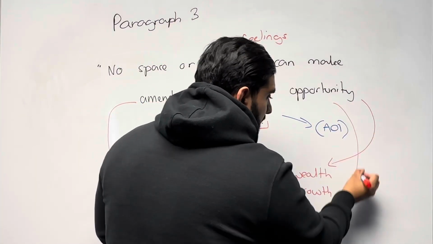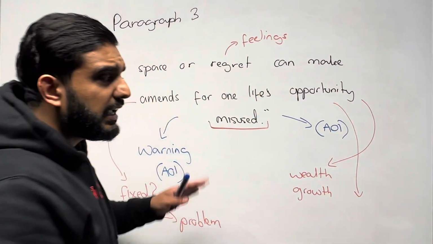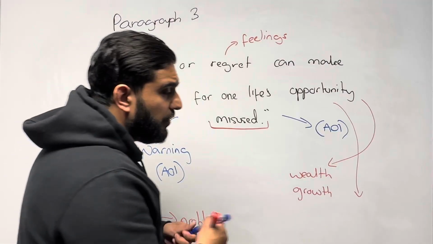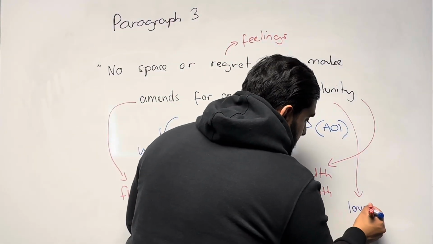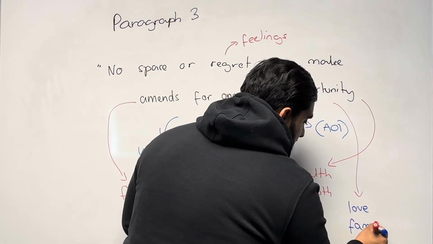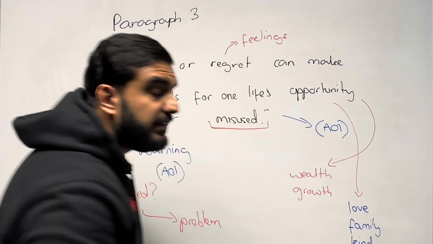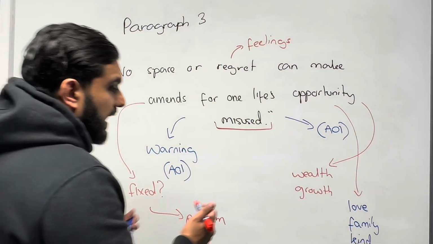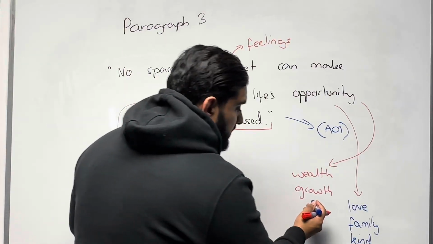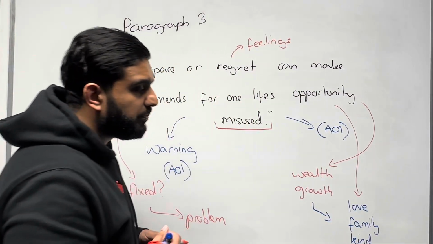However, this quote implies the idea that in the pursuit of these things, don't forget about love. Don't forget about family. Don't forget about being kind. These are also opportunities. Then you can link the idea of this supporting this.